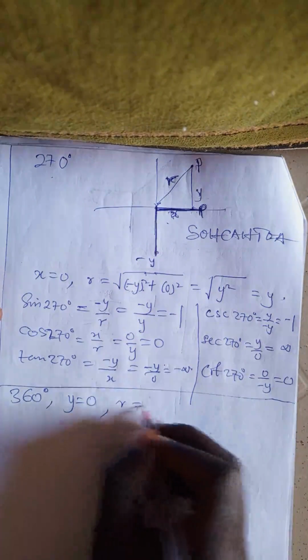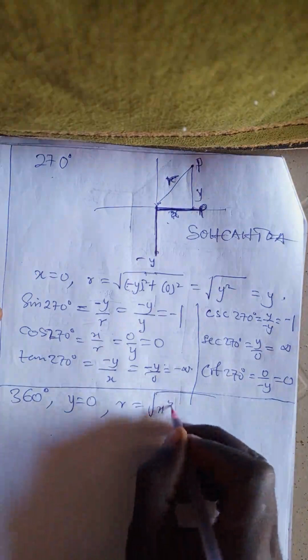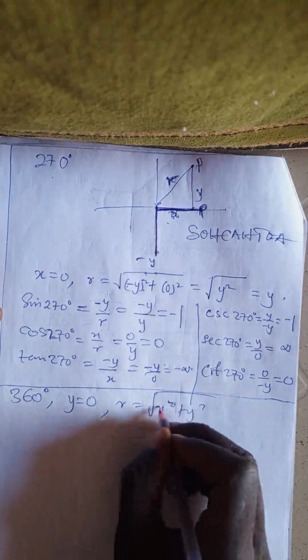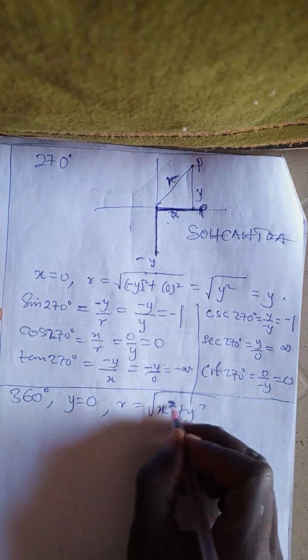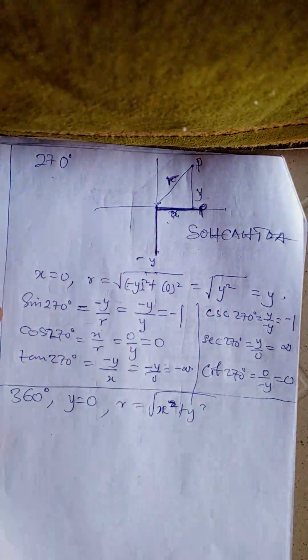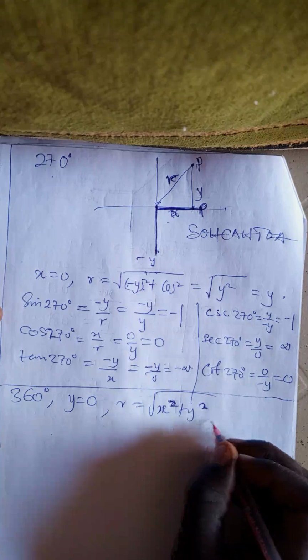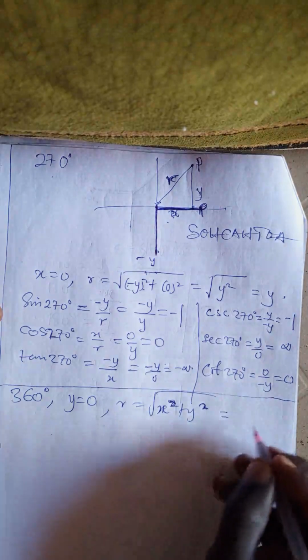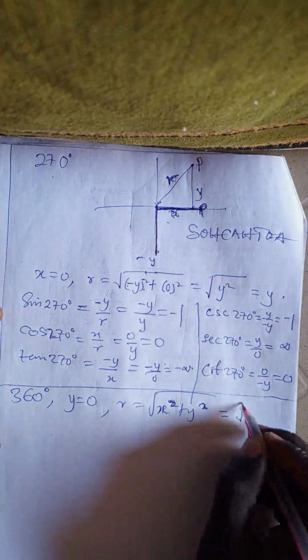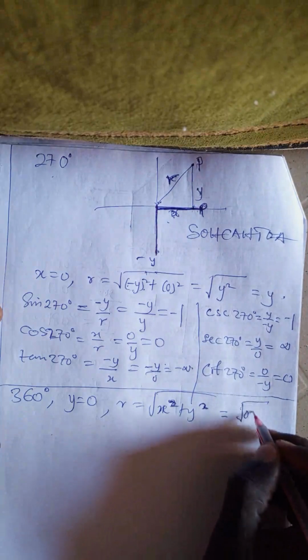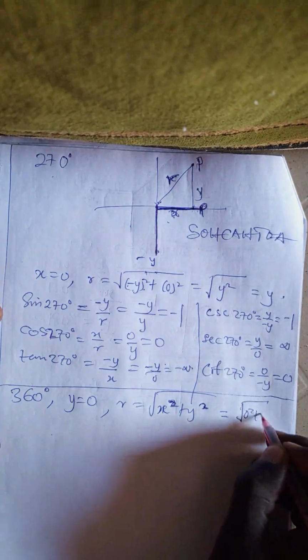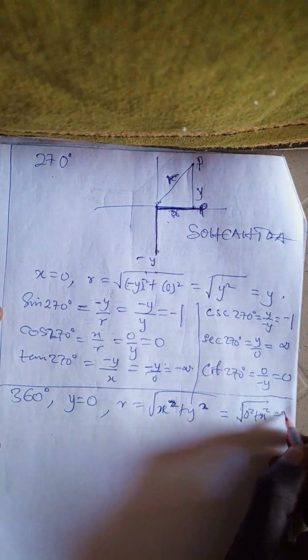And remember, r is equal to the square root of x squared plus y squared. But here, x is positive. We have to take note that x is positive, and that is equal to the square root of 0 squared plus x squared, and that's equal to x.